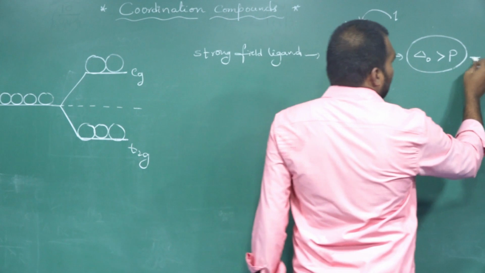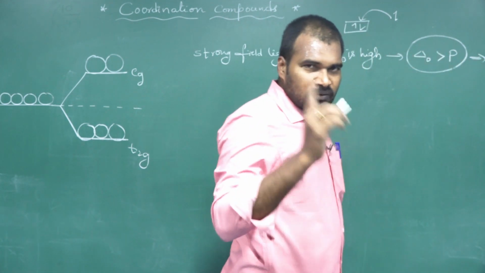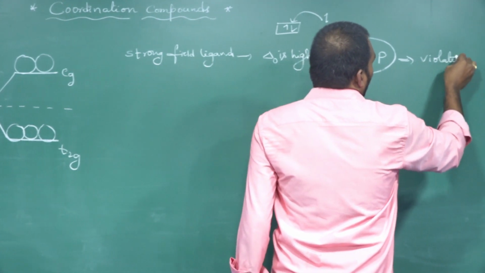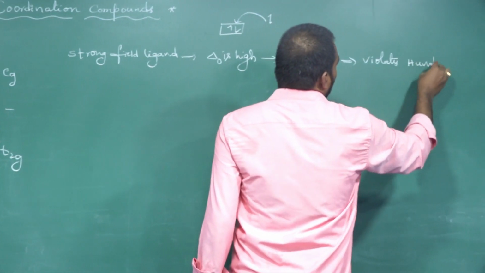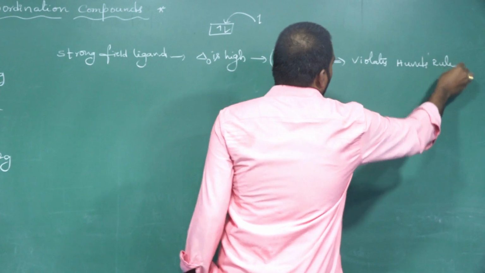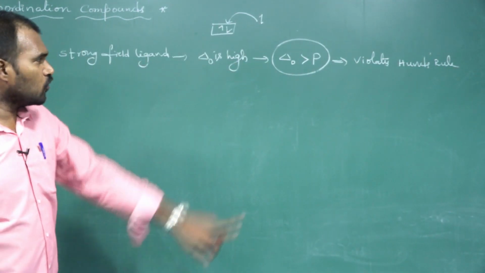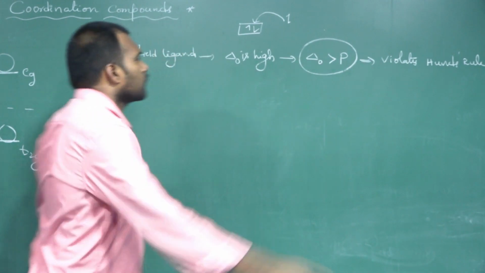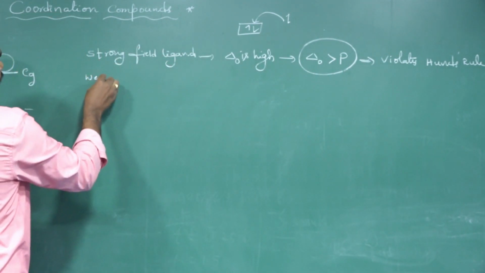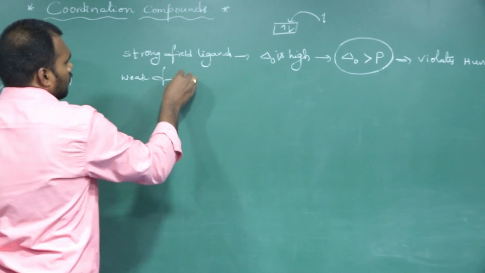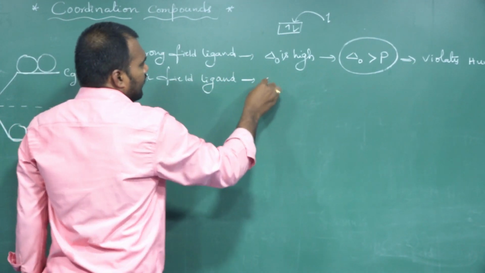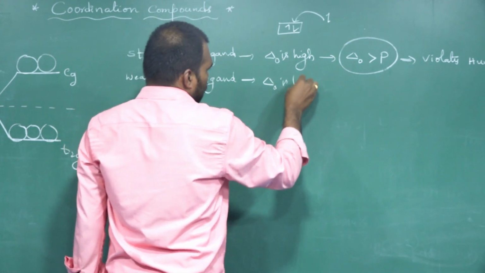In that case, if del value is greater than P, then they violate Hund's rule. So very important, remember that. If del value is greater than P, then they violate Hund's rule. So in case of weak field ligands, their del value is less.